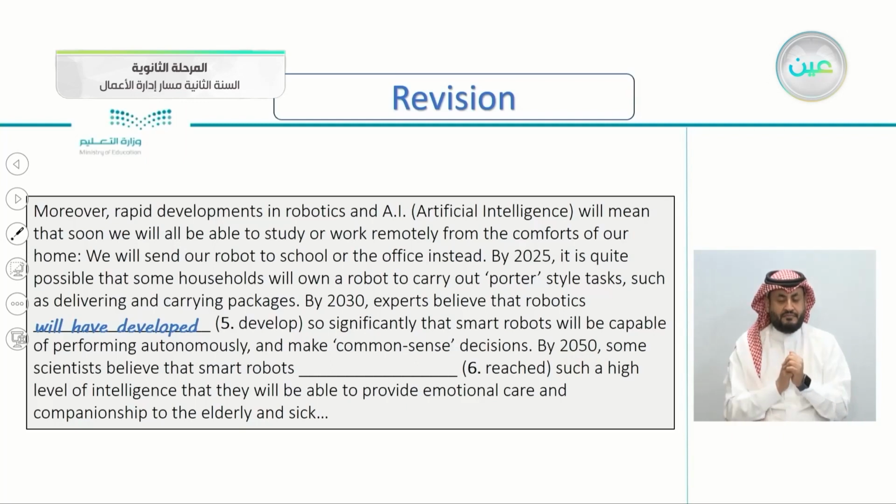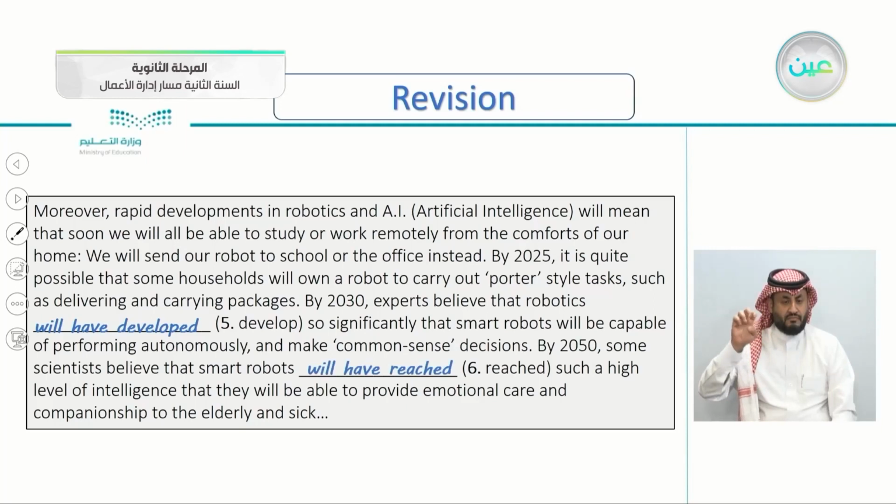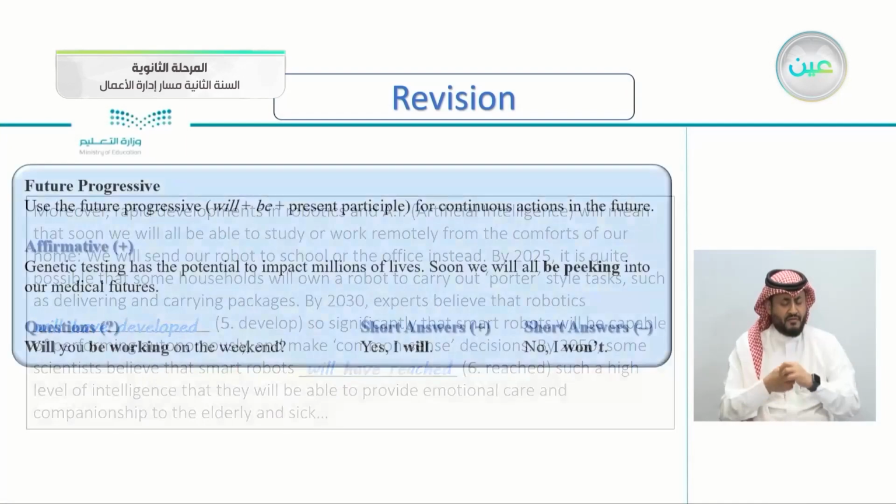By 2050, some scientists believe that smart robots, and the verb reach, beginning the sentence with by 2050. So we have two events. Of course, the answer is will have reached. Will have, and the perfect. Will have reached such a high level of intelligence that they will be able to provide emotional care and companionship to the elderly and sick.